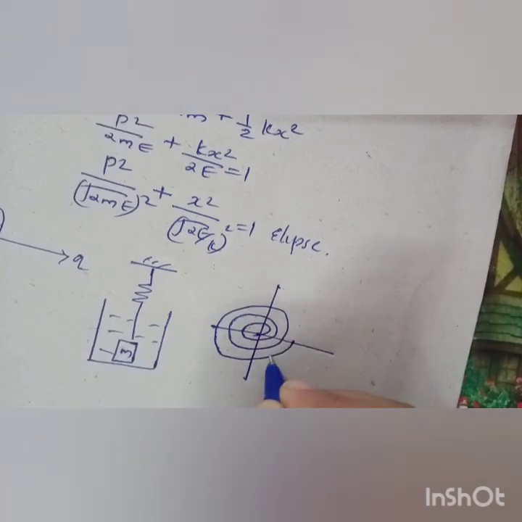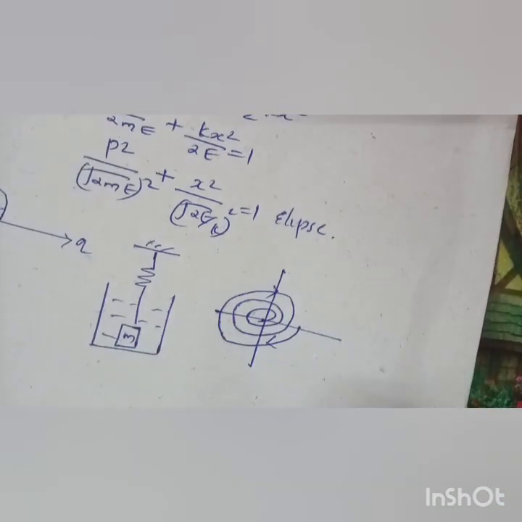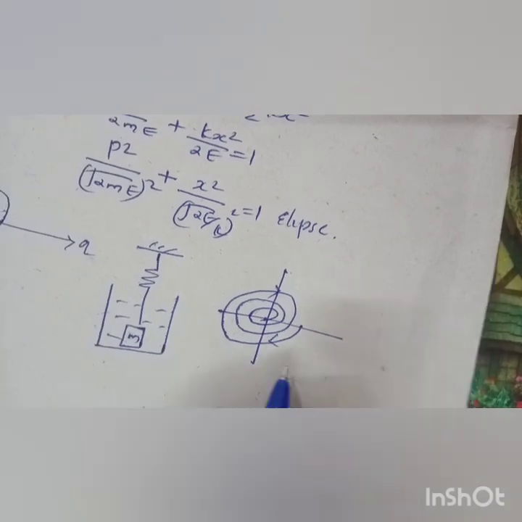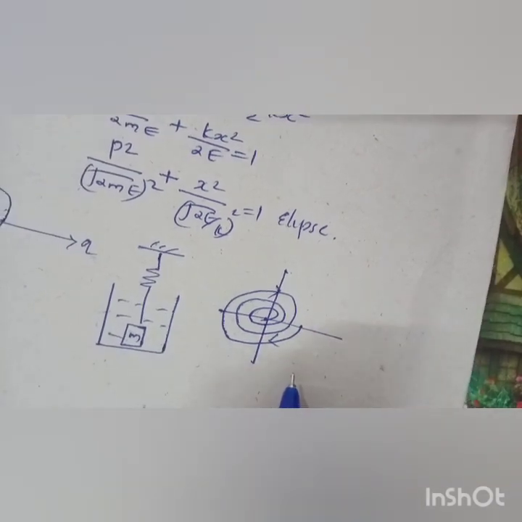This is the phase space diagram of the damped oscillator, because the amplitude is changing since it is in water. Okay, next we are considering the elastic collision.